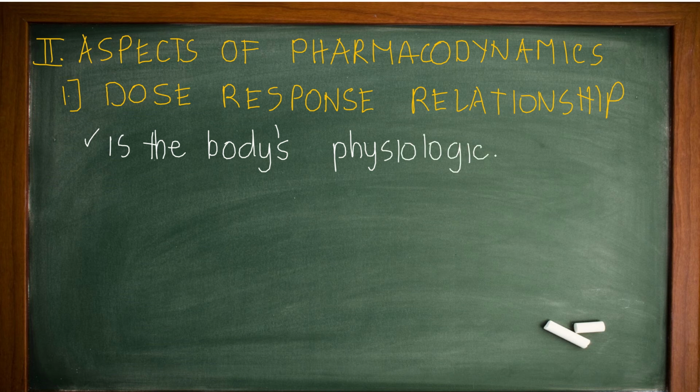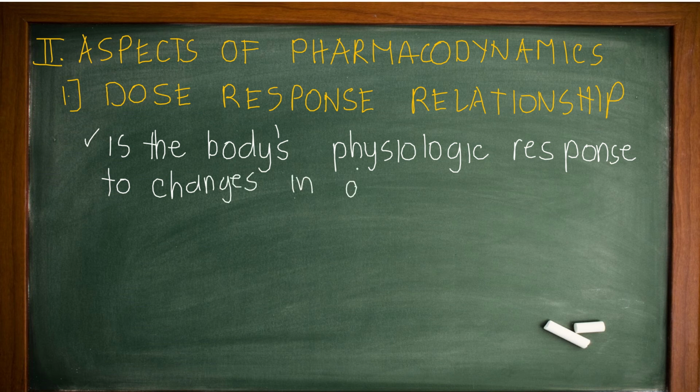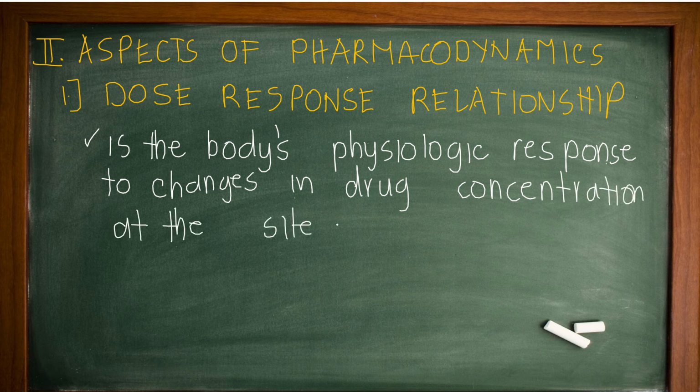It's the body's physiologic response to changes in drug concentration at the site of action. So that's the internal response of the body to particular changes with the amount of a drug concentration at a specific site of action.